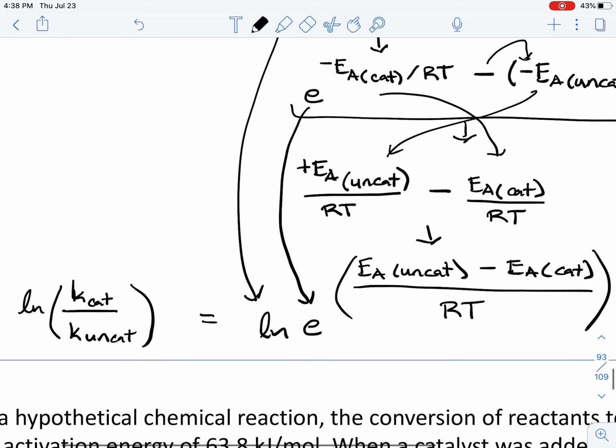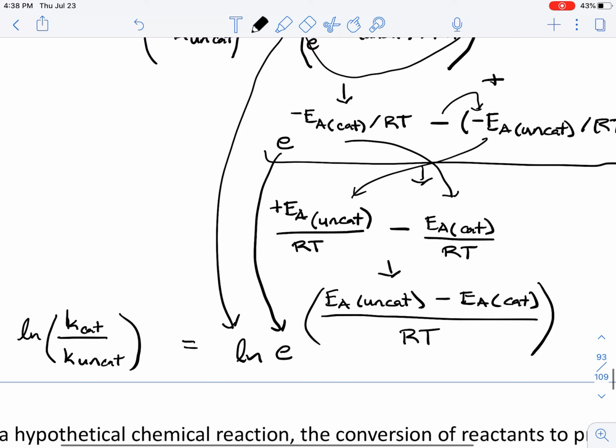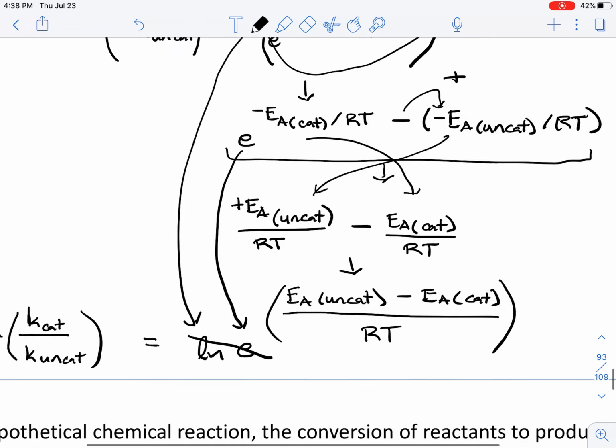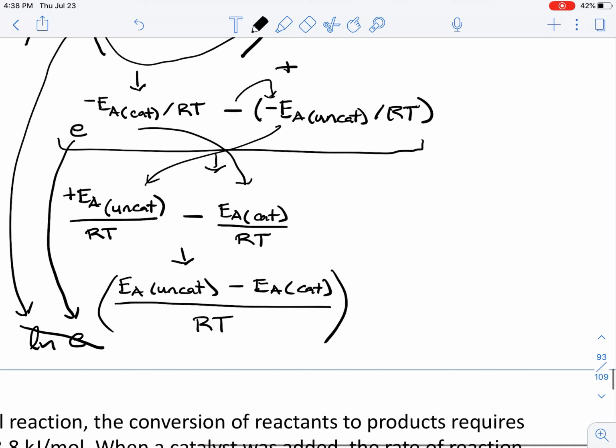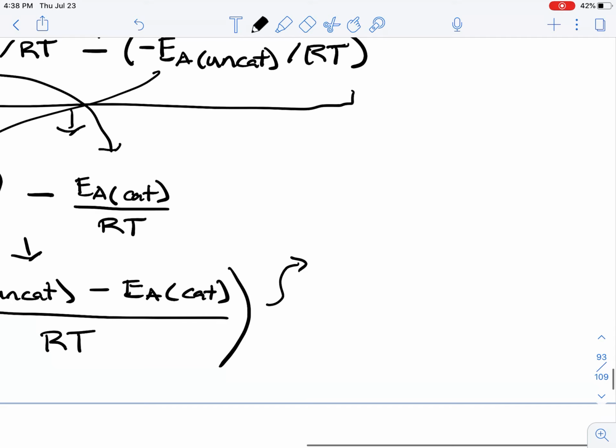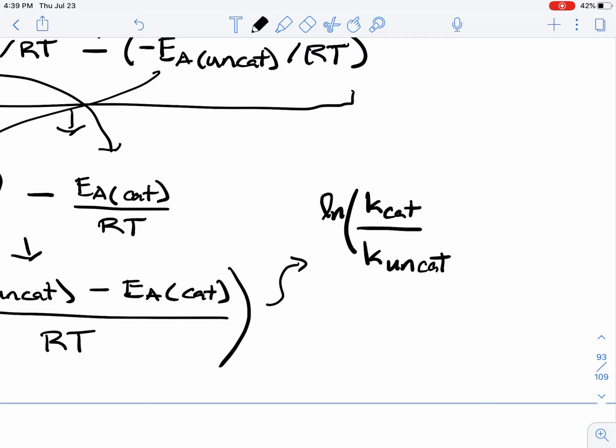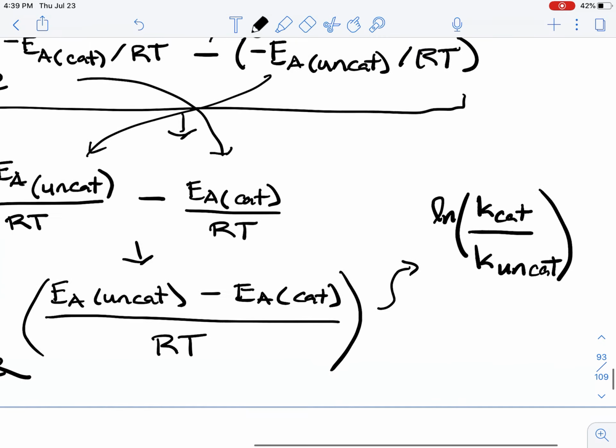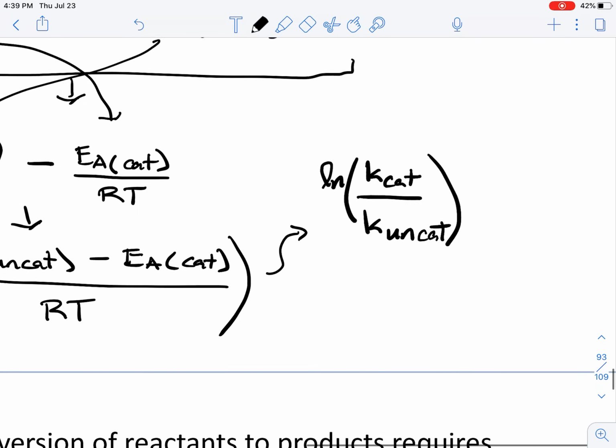What this allows us to do is cancel the exponential with the natural log, leaving us with an equation such that, I'm going to run out of room, the natural log of k cat over k uncat, so uncatalyzed, equals this whole thing.